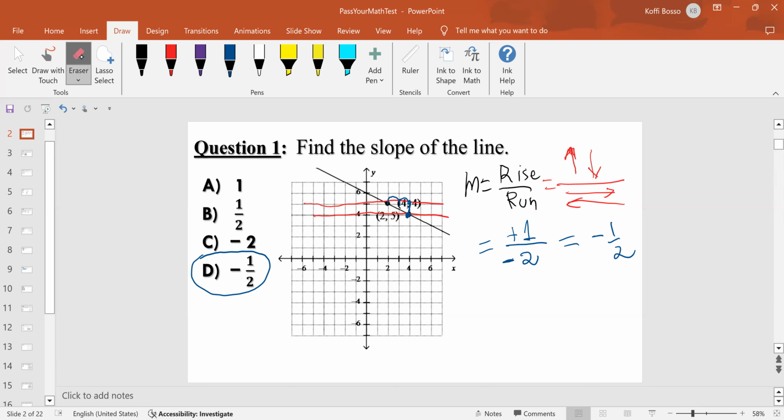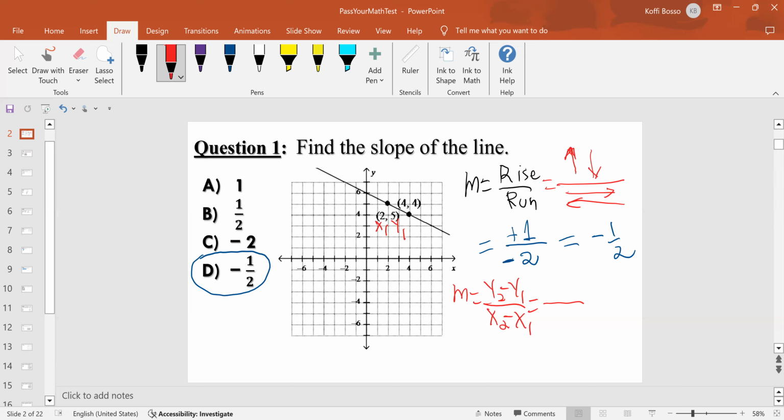Suppose you want to use a different method, which is also possible. In that case, we use the slope formula, y2 minus y1 divided by x2 minus x1. We need to label the points as x1, y1, x2, y2.